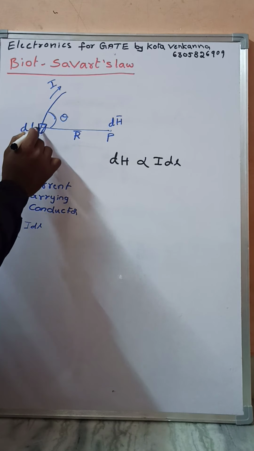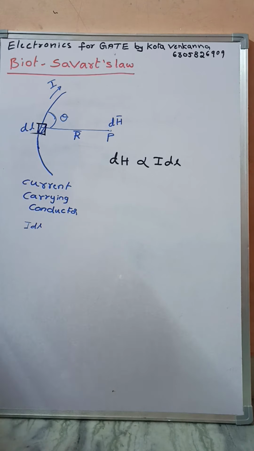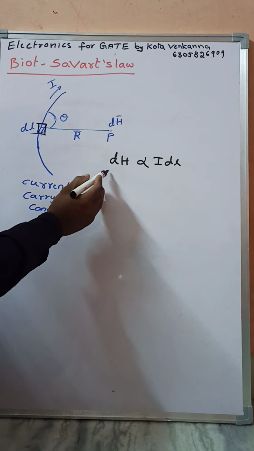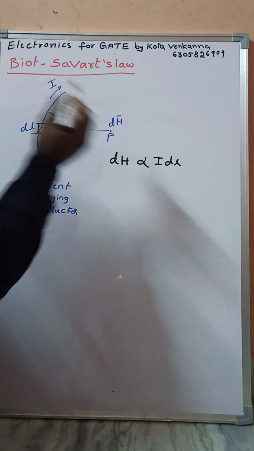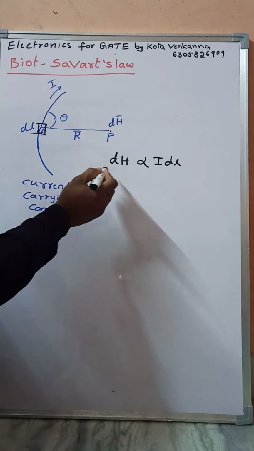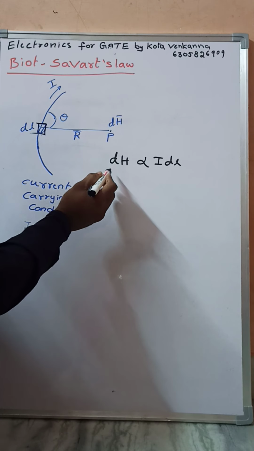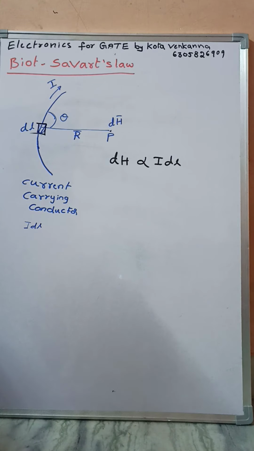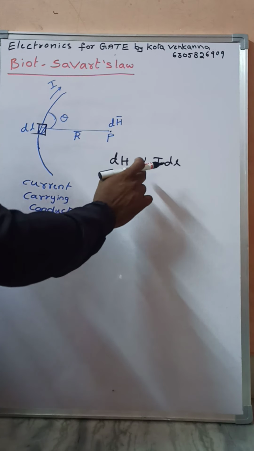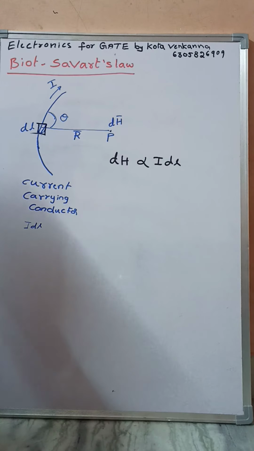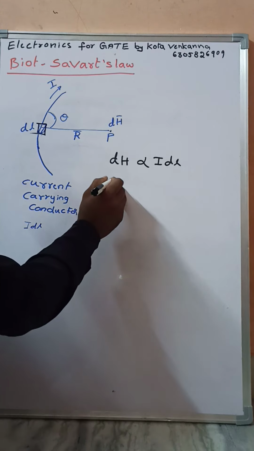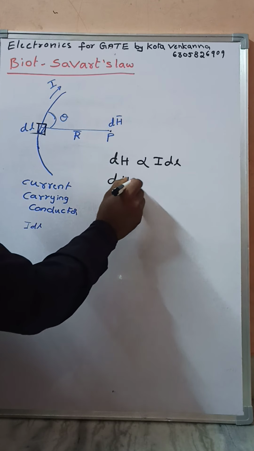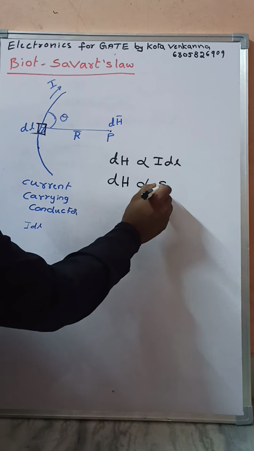So at the point P, dH is directly proportional to IDL as per Biot-Savart's law, and dH is directly proportional to sin theta.